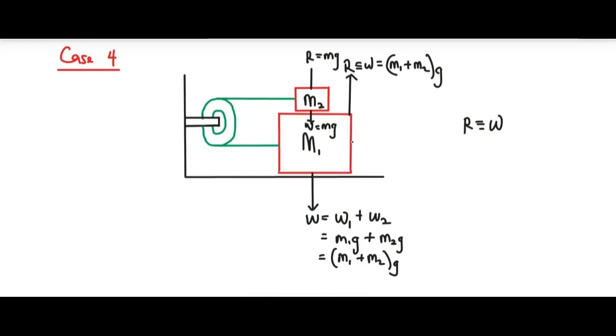Now, provided a force drags this to the right, it means motion will be towards this direction. The higher mass moves in this direction, and the lower one would move in this direction.